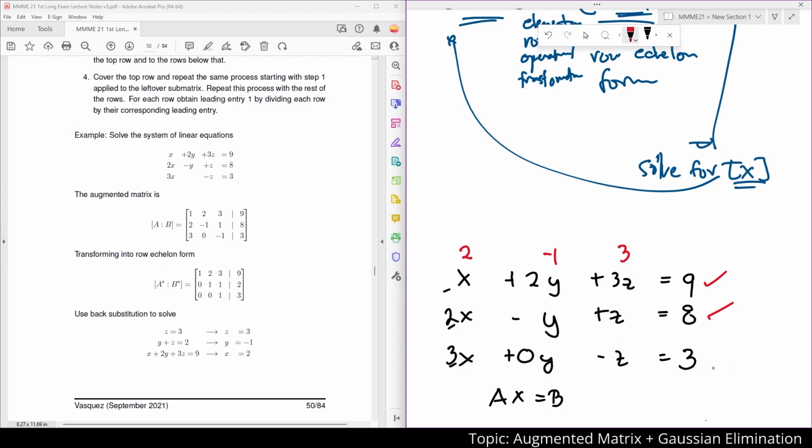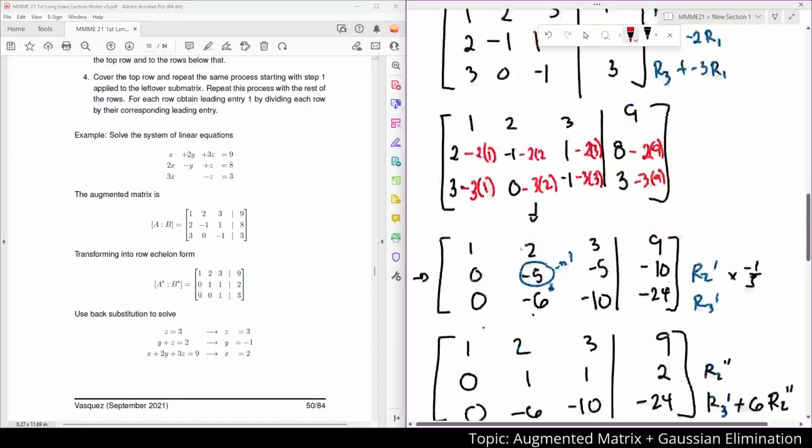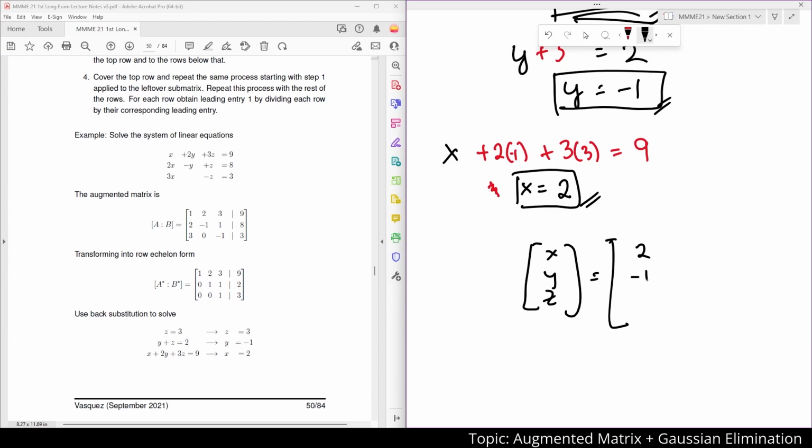Minus 3, 3. So, nag-confirm siya. Ibig sabihin, tama yung ginawa nating Gaussian Elimination. Tama yung nakuha nating sagot. Then, yung matrix XYZ mo will then be equal to 2, negative 1, 3.